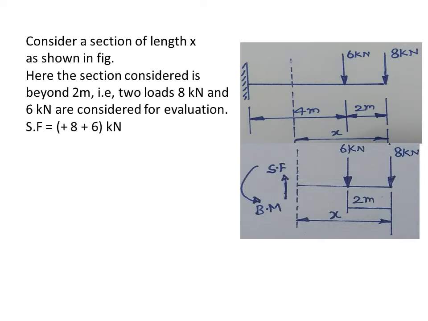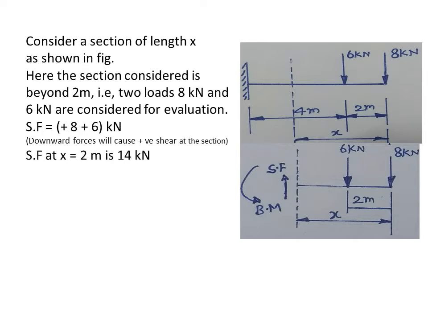The shear force is plus 8 plus 6 kilonewtons. That is, downward forces will cause positive shear at this section. So shear force at x equal to 2 meters is 14 kilonewtons. In the earlier slide, we saw that at x equal to 2 meters, the shear force is 8 kilonewtons.